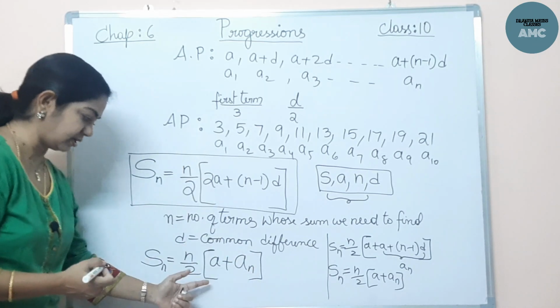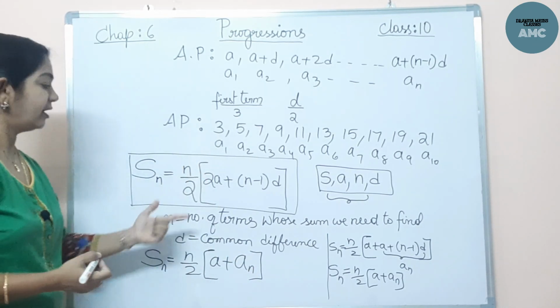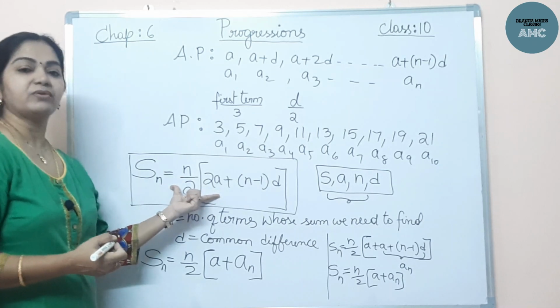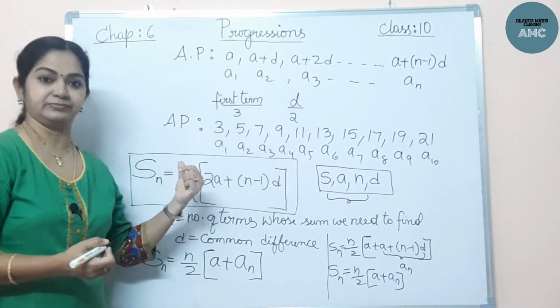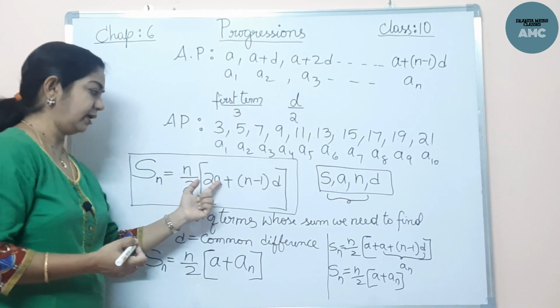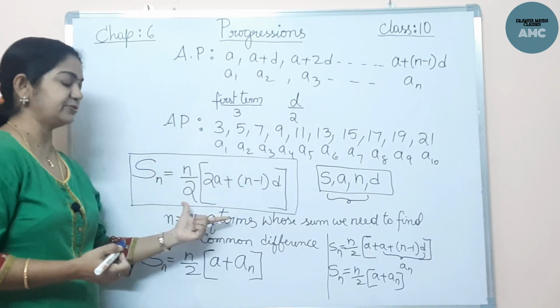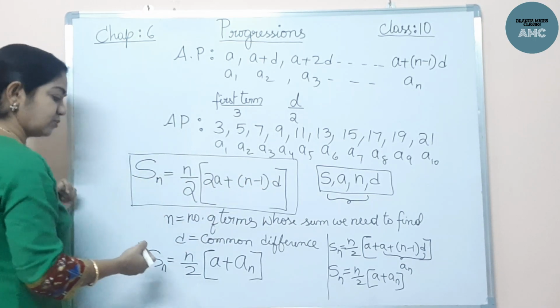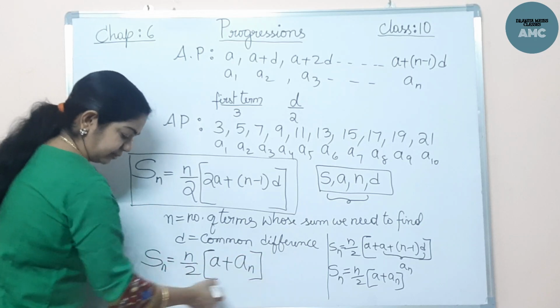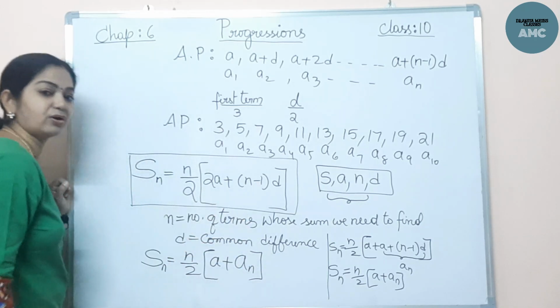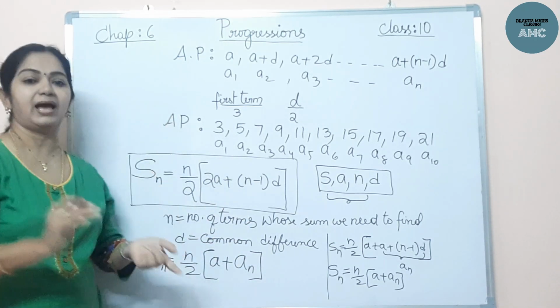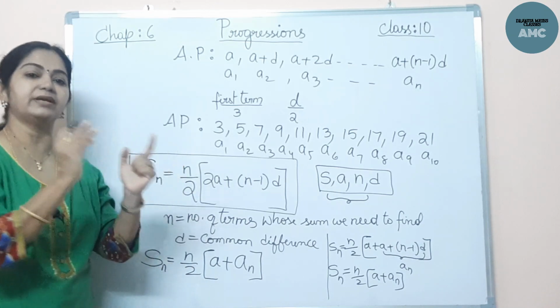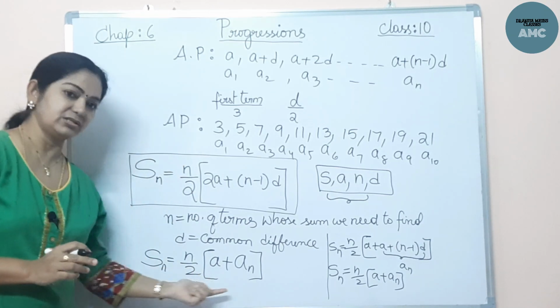Don't get confused here. Both are the same, but we use the first formula when the common difference is known. When you know A, D and N, you can use that formula. And you can use this formula when D is not known, only the first term and the nth term. If you know the first term and nth term, you can use this formula.